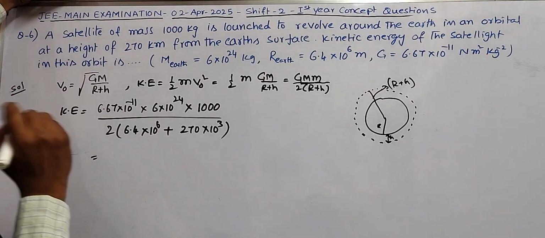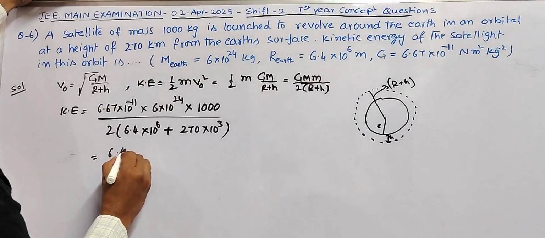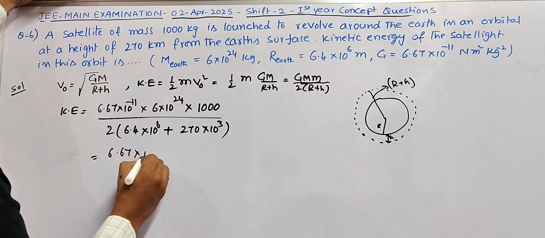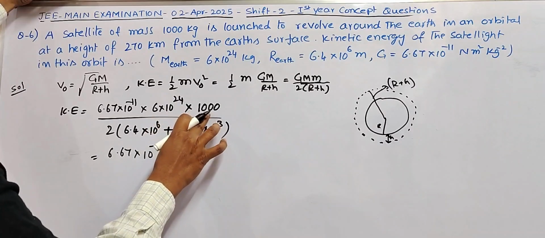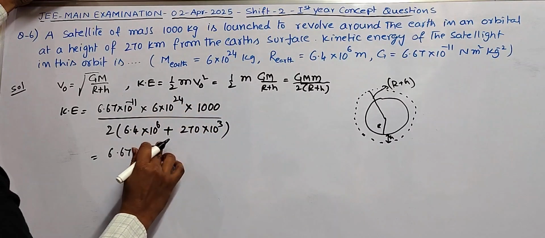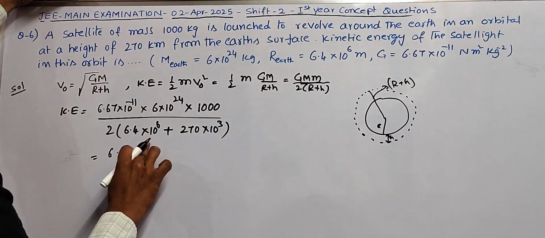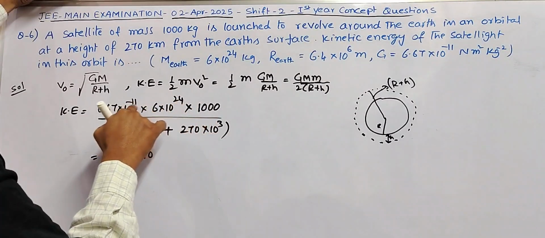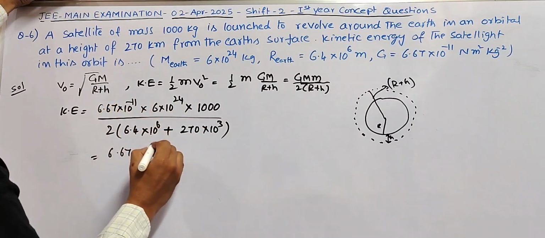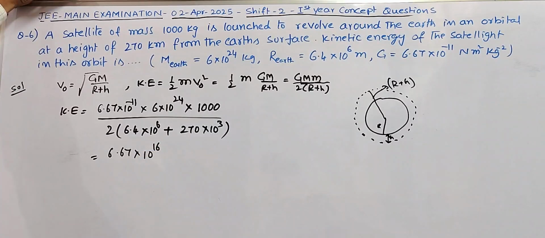So you get the answer: 6.67 into 10 power 27 minus 11, into 10 cube, 27 minus 11. What is that? 16, isn't it?